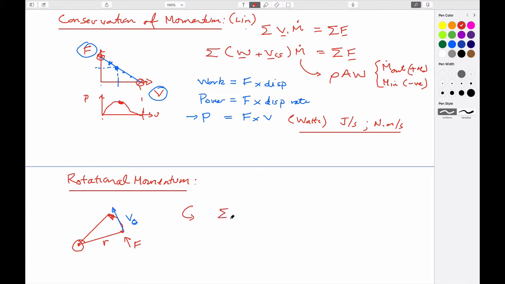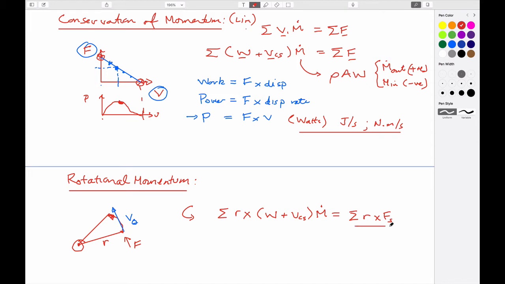sum of the radius at which it turns, cross product of the relative velocities of the fluid rate at which it comes out of the nozzle, plus the control surface velocity multiplied by mass flow rate has to be equal to the sum of the radius cross product with the force that's applied.